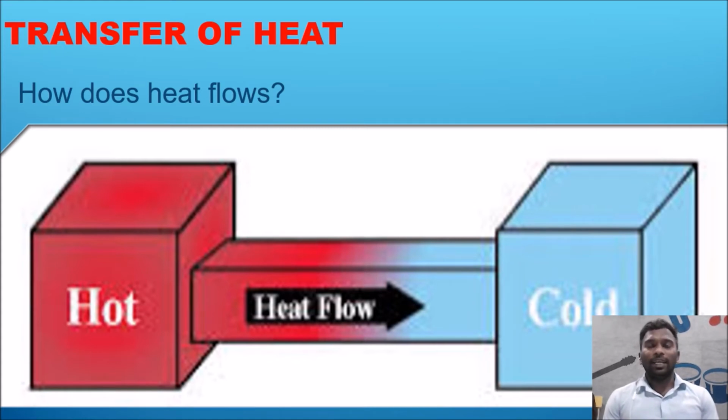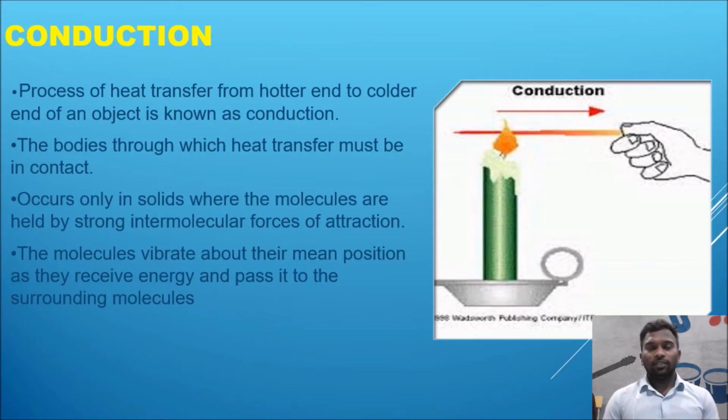The hotter object has a higher temperature and the temperature of your body is low. That is the reason why heat energy is transferred from the hotter body to your body, from higher temperature to lower temperature. So this is the way heat flows from hotter substances to colder substances. Is it clear? Yes, children.